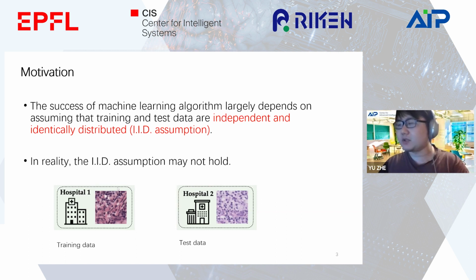When we have such a model, we want it to be used in many hospitals. For example, we want to apply this model in hospital 2. Since hospital 1 and hospital 2 have some differences, for example, the devices or patients are different, the data will have different distributions. In such a case, the IID assumption may not hold.